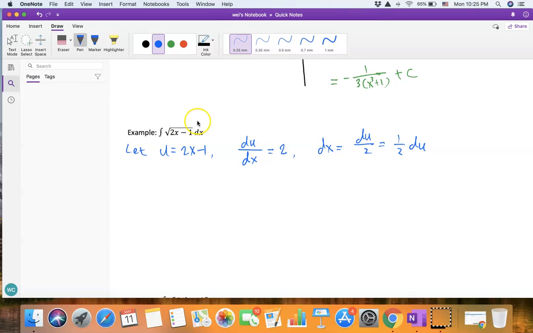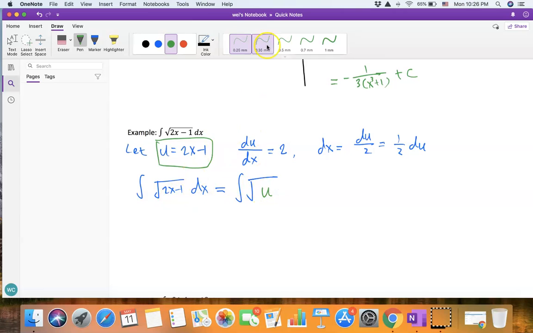Okay, now let me go back to this integral and do the substitution. So first, this term 2x minus 1 is substituted by u.